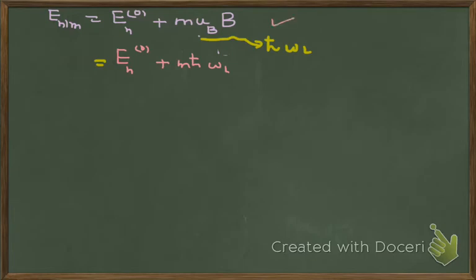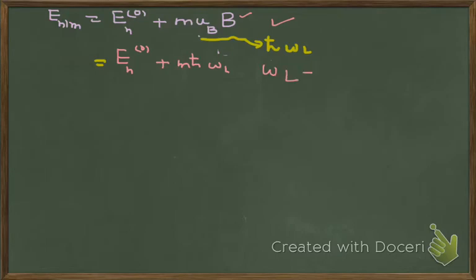The energy levels are split by the splitting energy, that is mu B times B. As you know, mu B is equal to H cut times omega L, where omega L is the Larmor frequency.